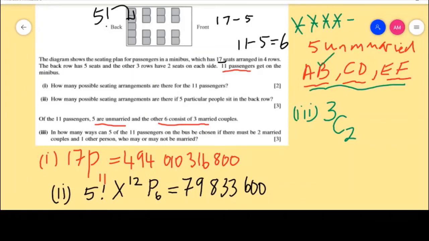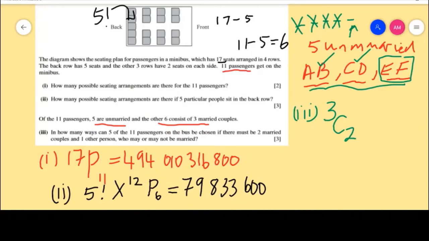Say I choose that couple and that couple, it means this couple is not chosen here. Now, I've space for one other gap here which I want to fill in. There must be 2 married couples. I've done that. One other person who may or may not be married.